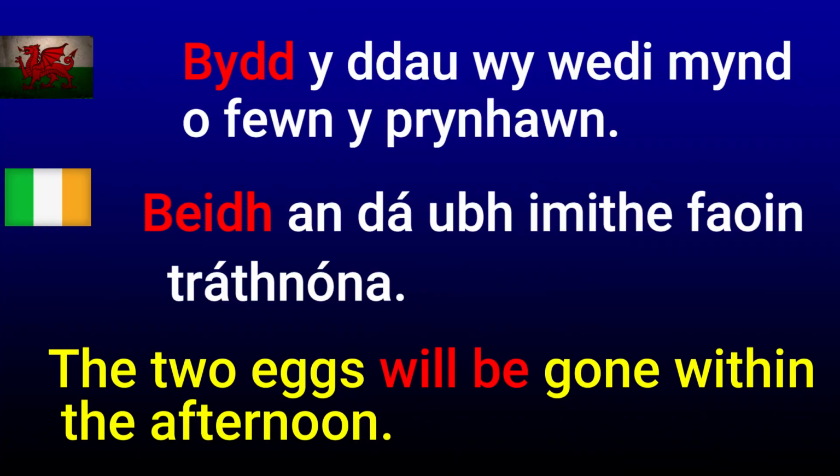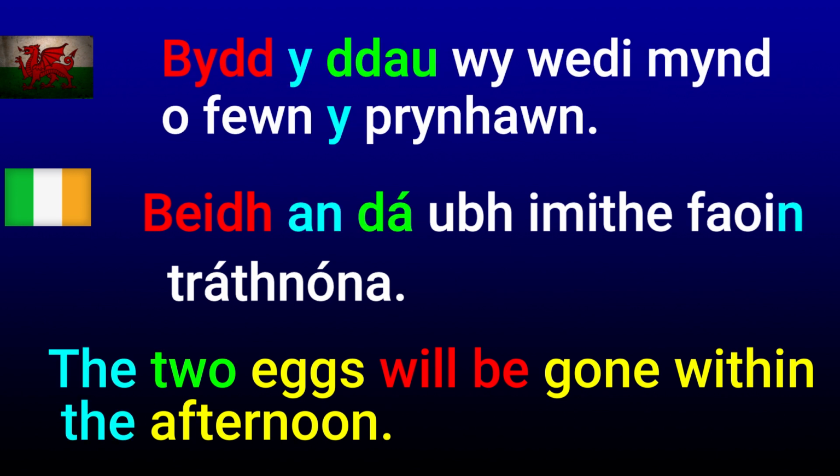Now, there's a couple things here. The future verb "to be," that b sound, is pretty much identical, except the Irish lost the th sound that we kept in Welsh. Dau, two, normally it's dau, but it's changed after the "the."